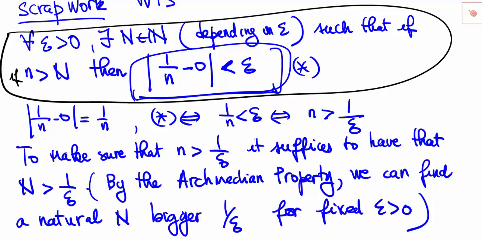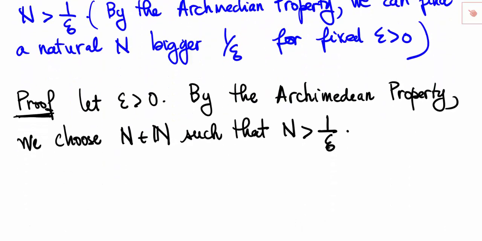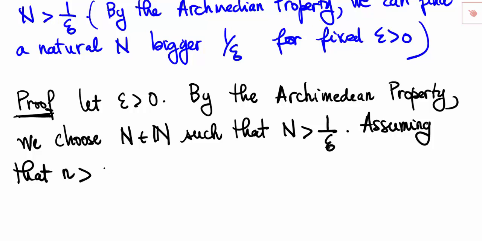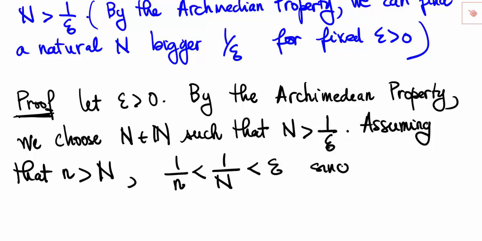So I will assume now that little n is bigger than N. Assuming that little n is bigger than N, it is true that 1 over little n is going to be less than 1 over N, which is less than epsilon, since N is bigger than 1 over epsilon.